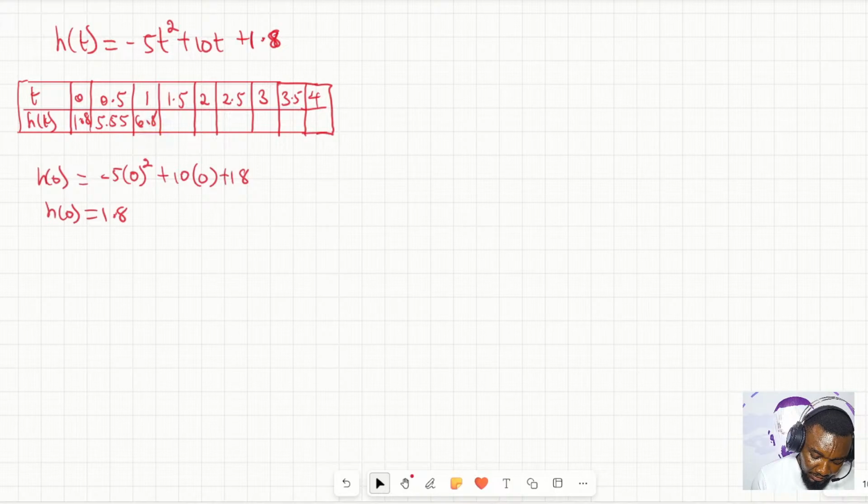So I believe you are also filling it in at home. The next one, using the calculator, you are going to use 1.5. So we have negative 5 multiplying 1.5 all squared plus 10 multiplying 1.5, plus 1.8 multiplying 1.5.